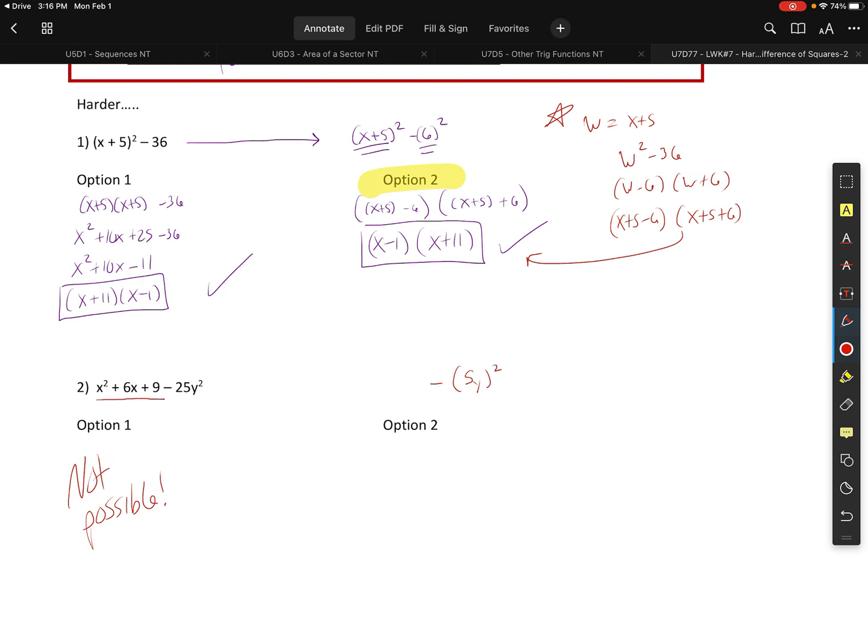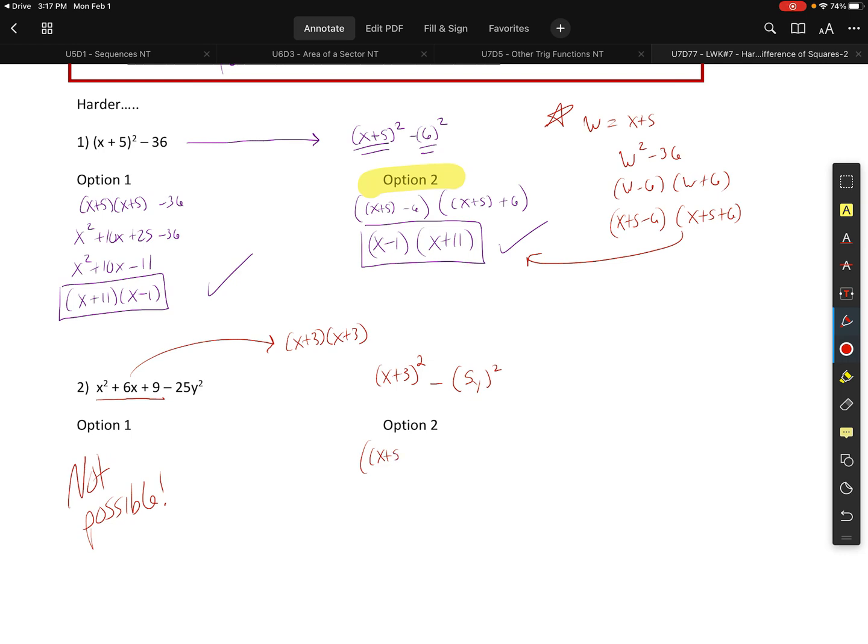Now the only way this will work is if we factor this. Well, we're in luck, because x squared plus 6x plus 9 becomes x plus 3 times x plus 3. If that wasn't the case, we could not do this problem. So that is a perfect trinomial, meaning that the two bubbles we get are exactly the same. So since we have it like that, we can do this.